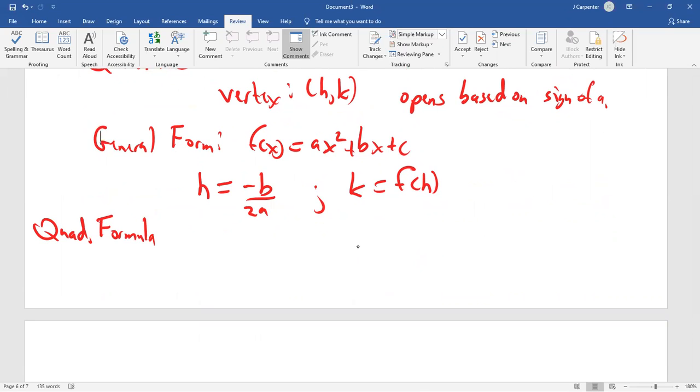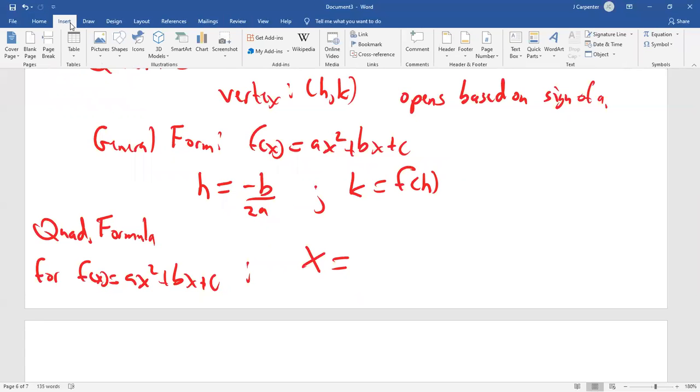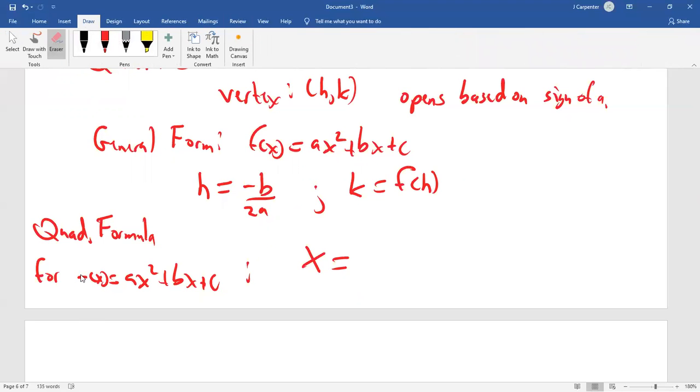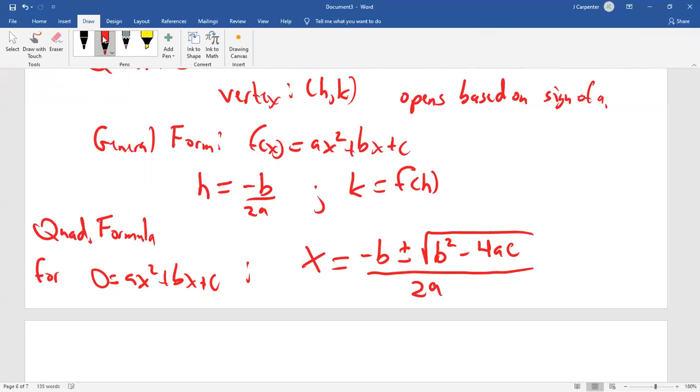For the same general form, so for f of x equals ax squared plus bx plus c, when you set the function equal to 0, which is also known as finding the zeros or the roots, or the x-intercepts, there's 3 names for that, the solutions to that, it's x equals negative b plus or minus the square root of b squared minus 4ac all over 2a.